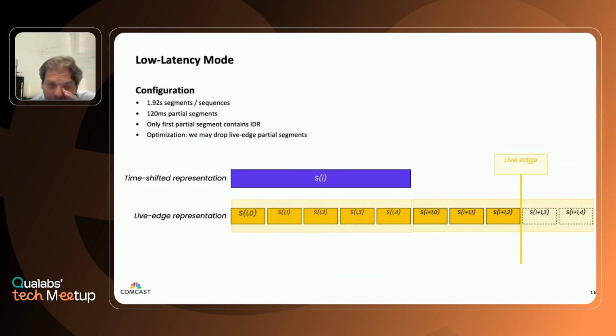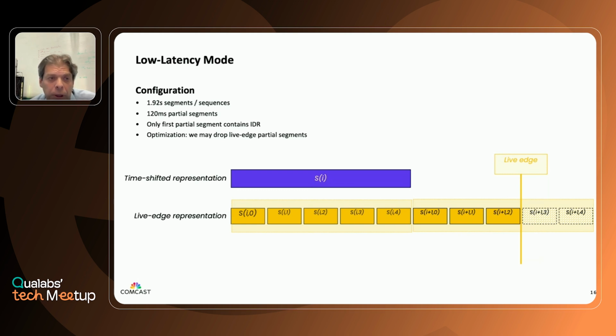So what we have here is this low latency HLS compatible mode. Same configuration. We have 2-second, 1.92-second segments or segment sequences. We have a live edge representation that is more or less a carbon copy of low latency HLS, so partial segments.